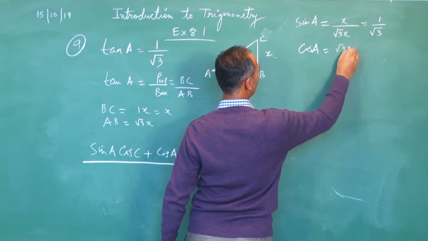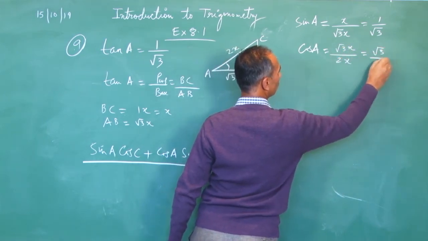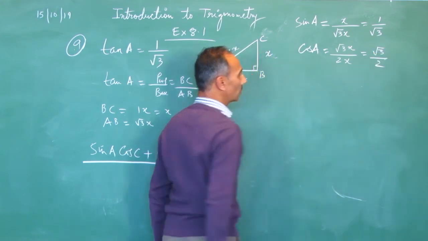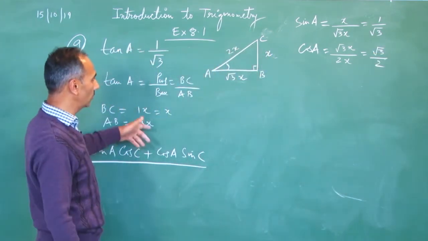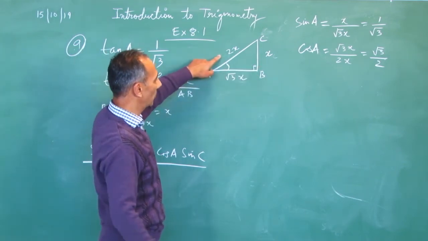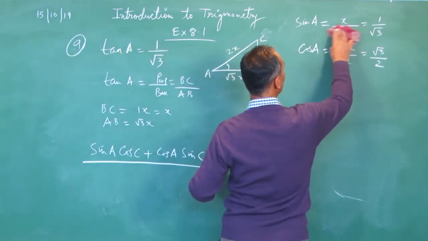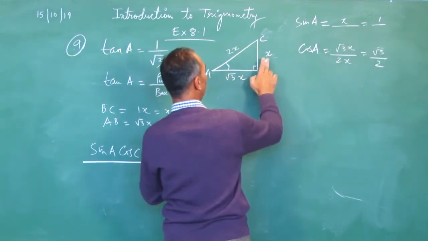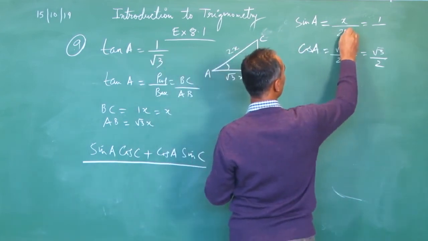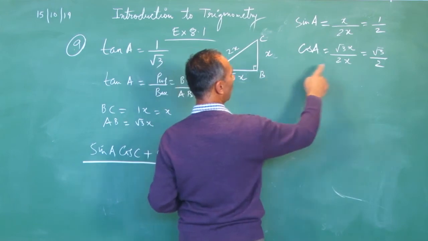That's root 3x upon 2x. That will be square root 3 by 2. So we took A, we took sin A. Sin is perpendicular by, this is hypotenuse. I did it wrong. Sorry for that. Sin is perpendicular by hypotenuse. Perpendicular is this, hypotenuse is this. So it's 1 upon 2, and cos is base by hypotenuse, root 3 by 2.